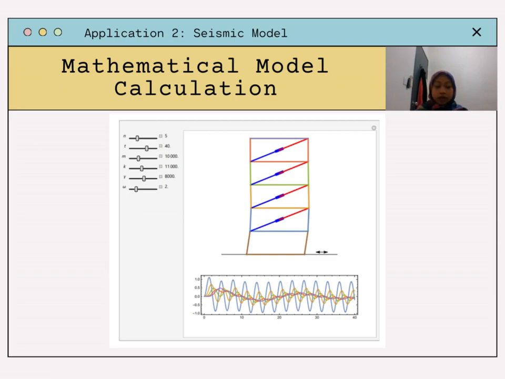Initially, these displacements and their velocities are set to 0. Each floor experiences a restoring force from its contiguous floors according to Hooke's law with a spring constant k. The diagonal lines represent shock absorbers that introduce a damping factor gamma.